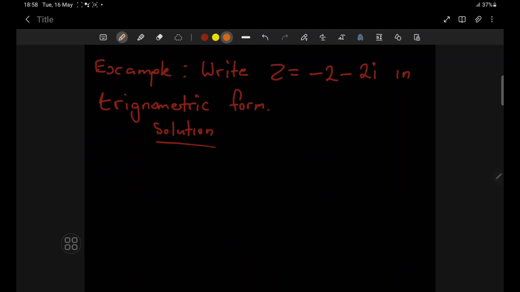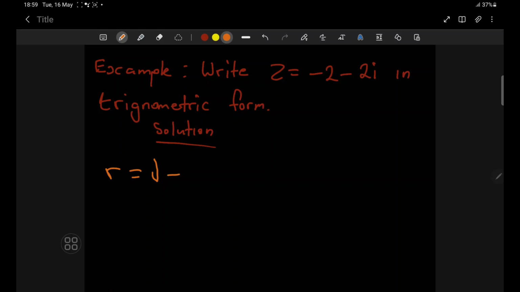So let's look at an example where we have to write this complex number in trigonometric form. So we can identify the modulus. So modulus, we said r is equal to the square root of the square of the real plus the square of the imaginary.